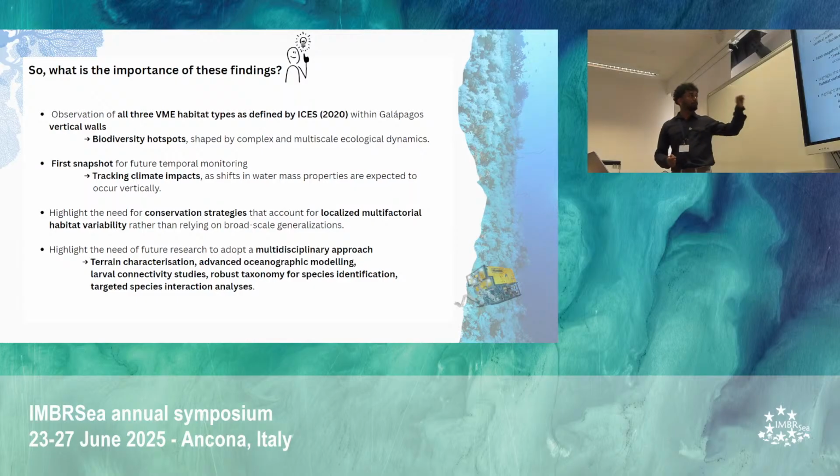This study also provides the first snapshot for future temporal monitoring, because we know that climate change is affecting and changing the water quality properties along the vertical axis. So these vertical wall sections are ideal sampling units to track these climate change impacts along the vertical axis.